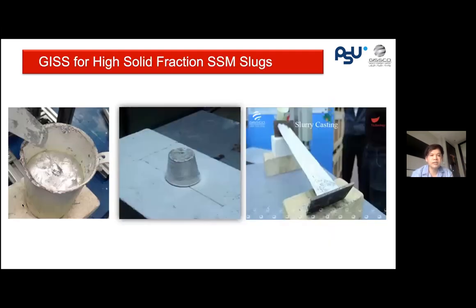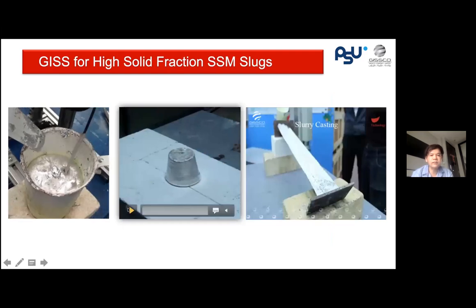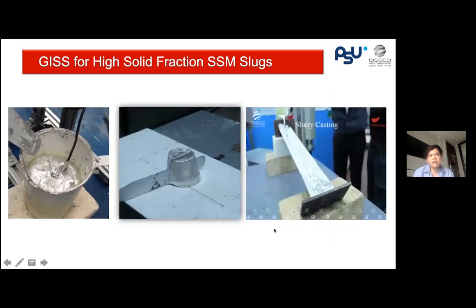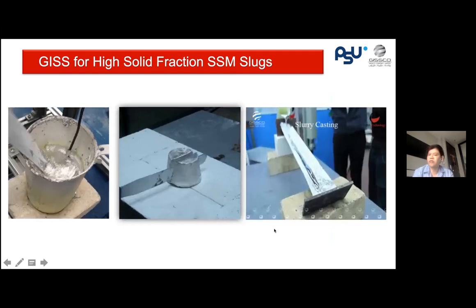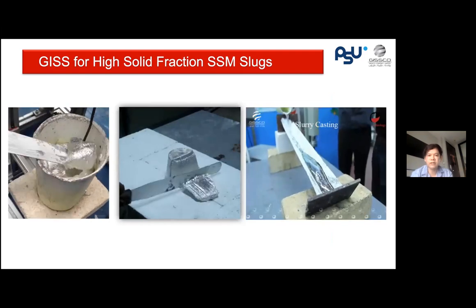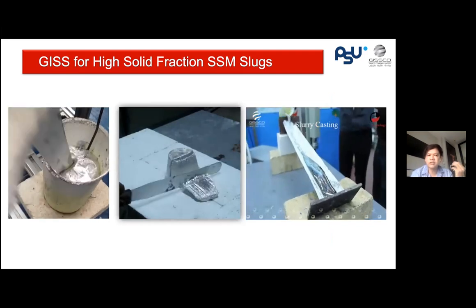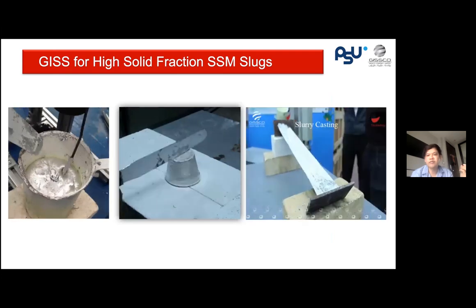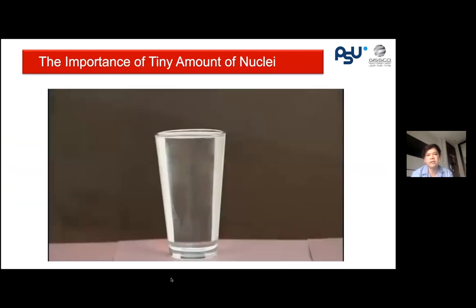So this is the key point. We can make any solid fraction using GISS, from low to medium to high fraction, but all started from superheated slurry. And that initial solid fraction, even though it's very small, is enough to make this semi-solid behavior. And why is it possible?